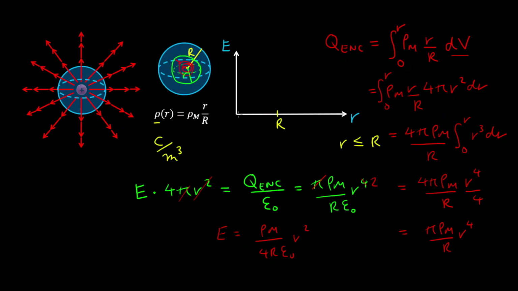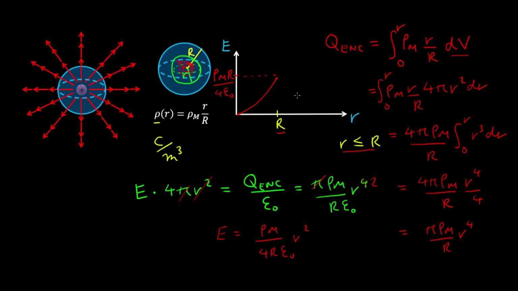So it varies parabolically from 0 to R, and if we substitute for r into this expression, we get rho m by R squared on R, which is R, over 4 epsilon naught.